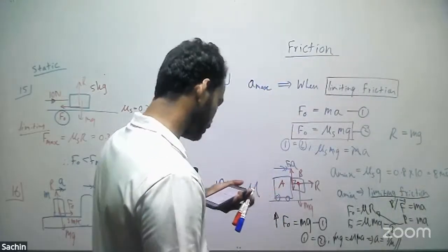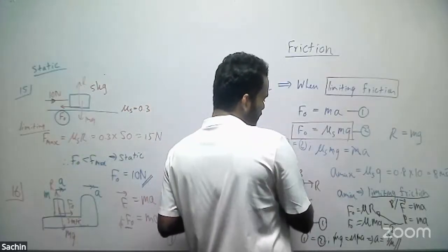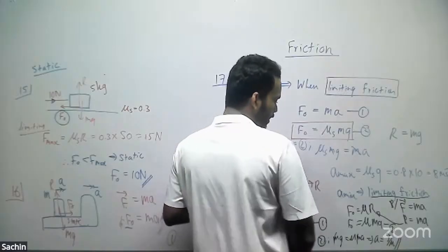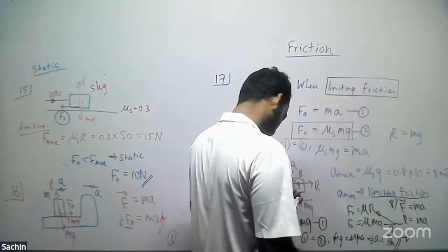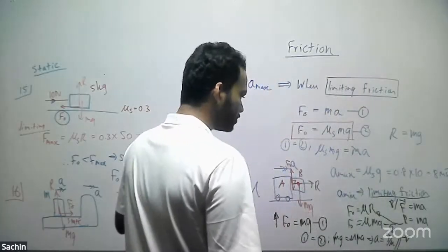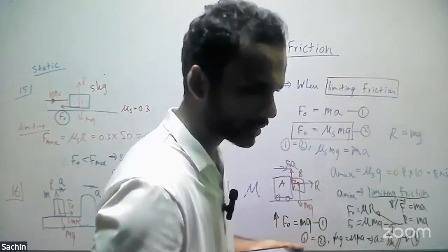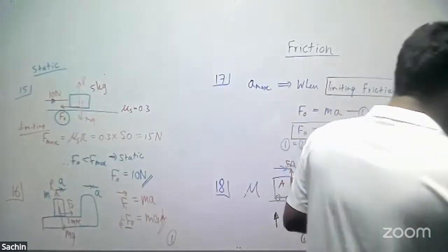The minimum acceleration preventing sliding down is g over mu towards the right. Okay, so the answer should be the fourth one.